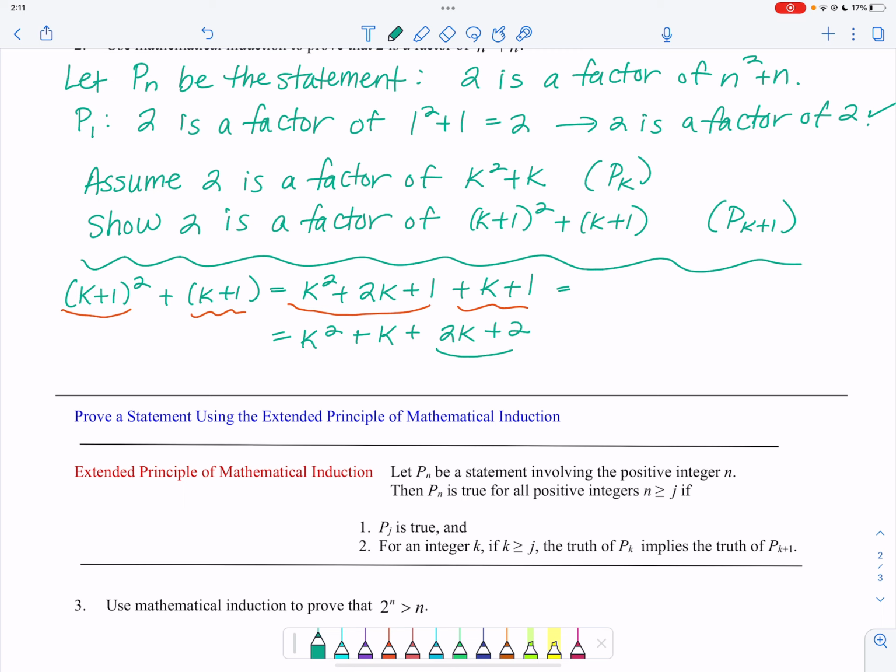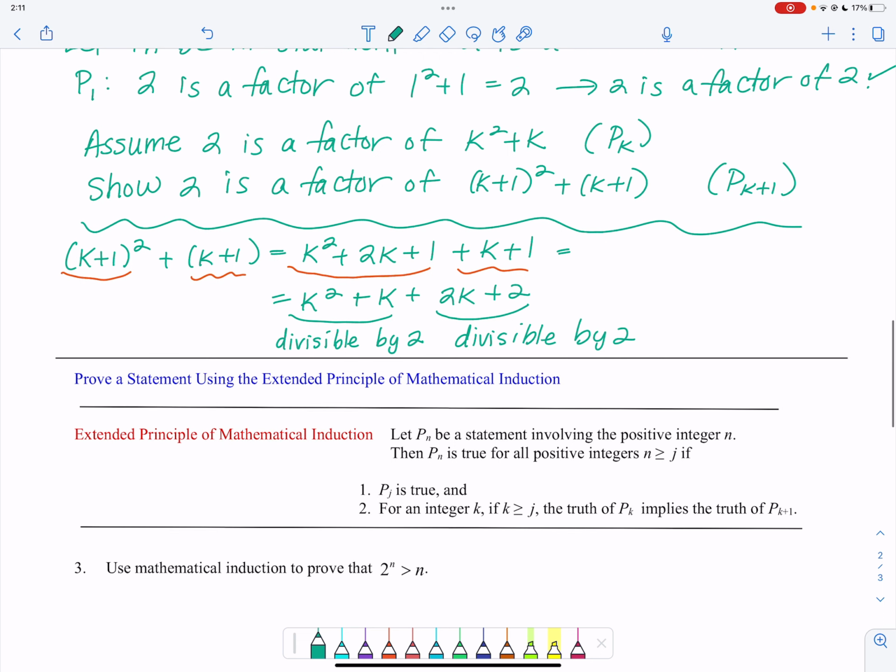So here and here. So now we can say that k plus 1 squared plus k plus 1 is divisible by 2. So 2 is a factor.